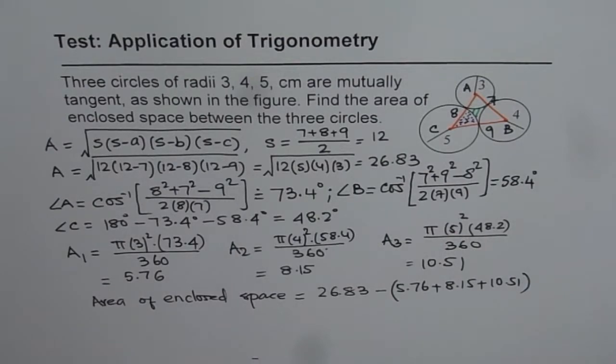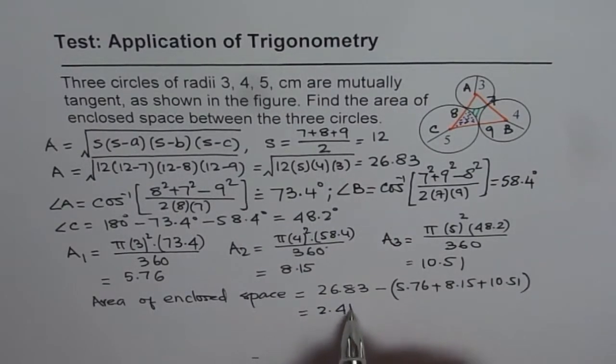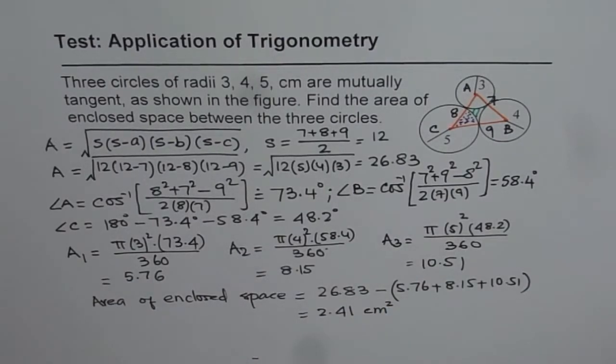It gives us 26.83, take away the sum of 5.76 plus 8.15 plus 10.51, and that is equal to 2.41. So we'll write the unit, centimeters square, right? So we get our answer, and the answer is equal to 2.41 centimeters square, correct? So that is how you can find the enclosed space area, right?